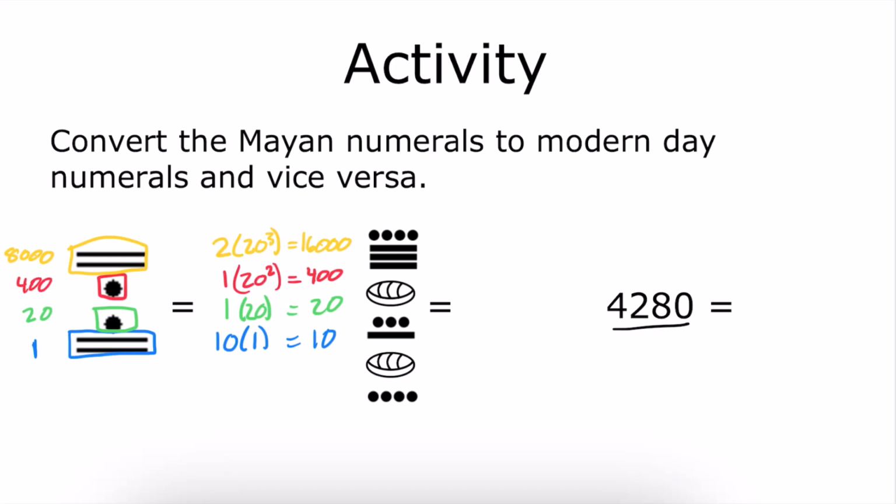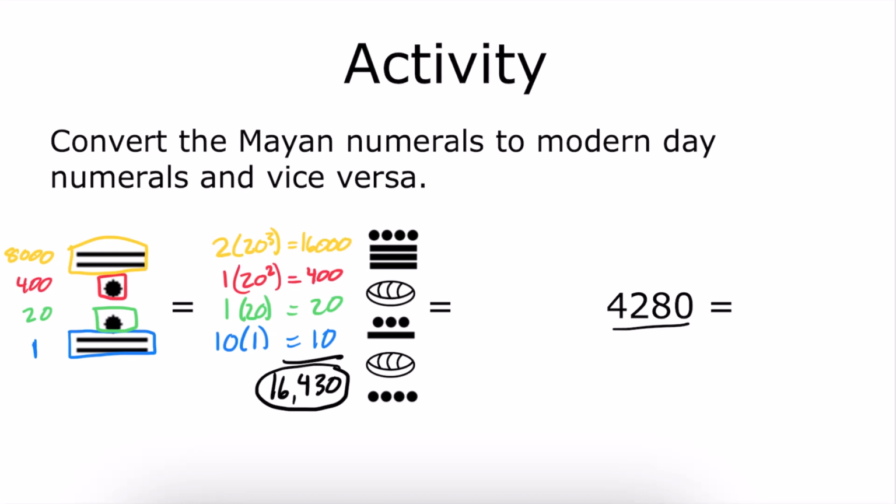And so to find out what this numeral represents, I would add all of these together. And I'd say, okay, well, 16,000 plus 400 plus 20 plus 10 is going to be 16,430. And so this Mayan numeral is the same number as our modern day numeral of 16,430.